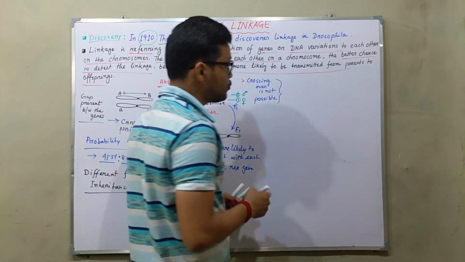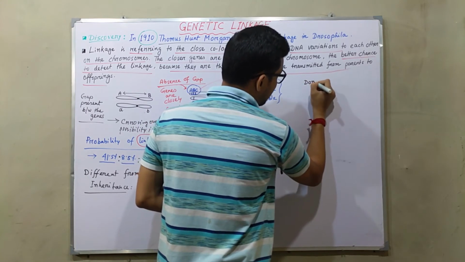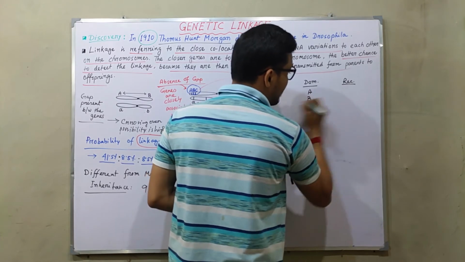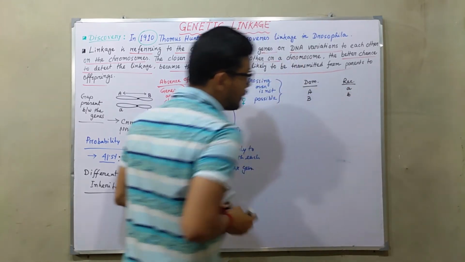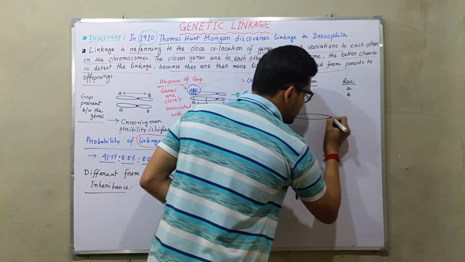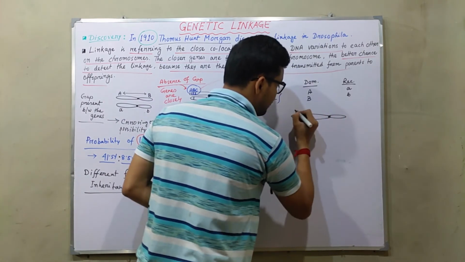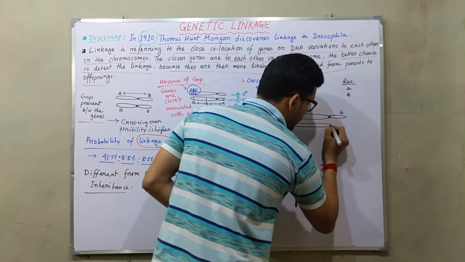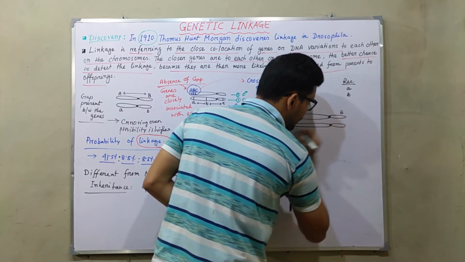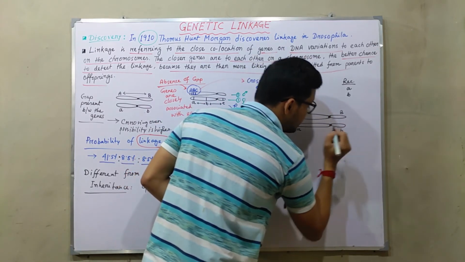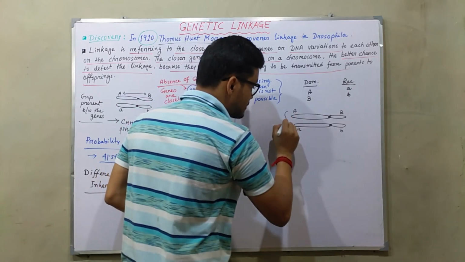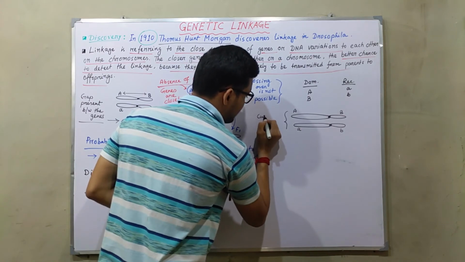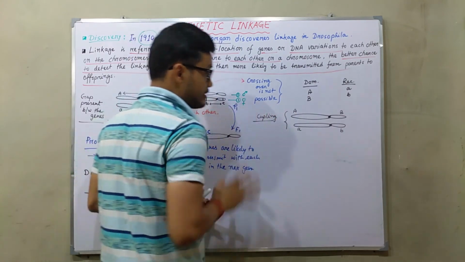When we consider two genes, one dominant and the other recessive, if the dominant genes are A and B and the recessive genes are small a and small b, then in a homologous pair of chromosomes, if A and B are present on the same chromosome and small a and small b are present on the other homologous chromosome, this organization is known as coupling.